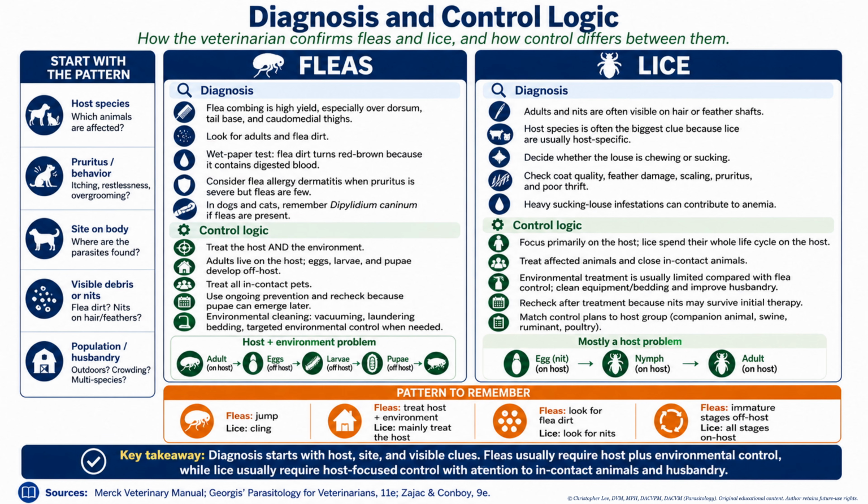For lice, diagnosis often comes from seeing adults or nits attached to the hair or feathers. Host species is a major clue because lice are usually host-specific. Control is more host-focused. Treat affected animals and close contact animals. Clean equipment and bedding, reduce crowding, and improve nutrition and husbandry. Know your parasites and their life cycles so you may better treat and prevent.